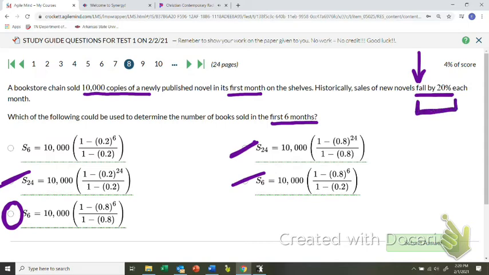If it just said 20%, yes, it would be 0.2. However, you have to pay close attention to where it says fall. So it's decreasing by 20%. So like when Janiyah is playing basketball, if she's shooting 100%, has she missed any shots?